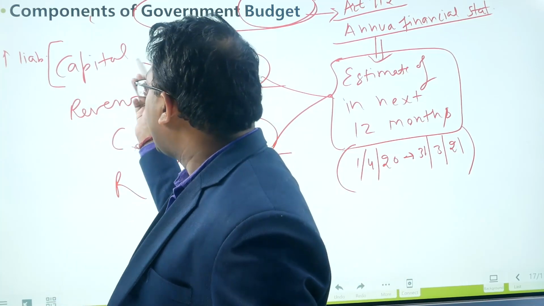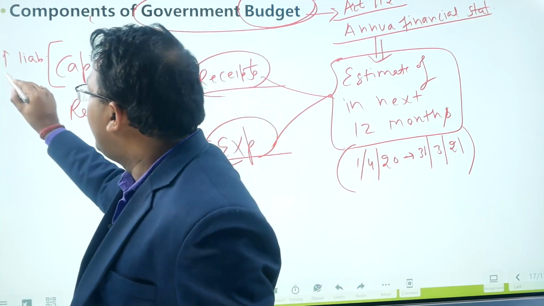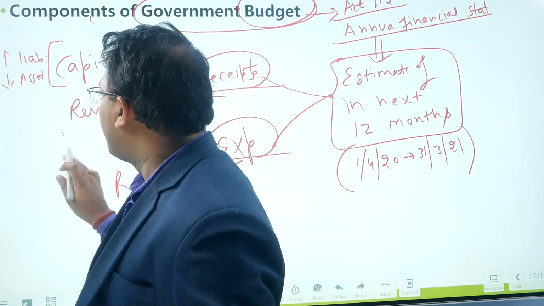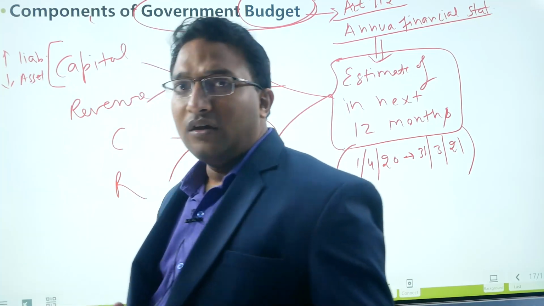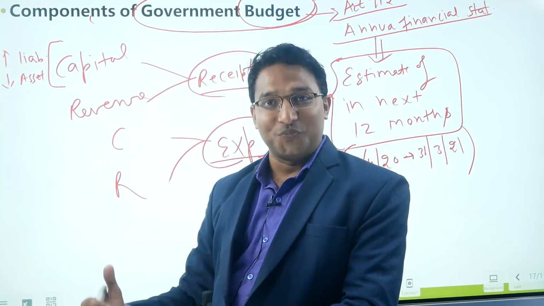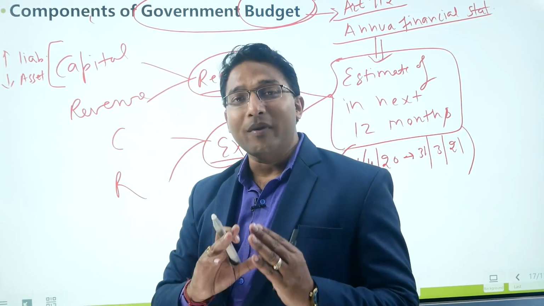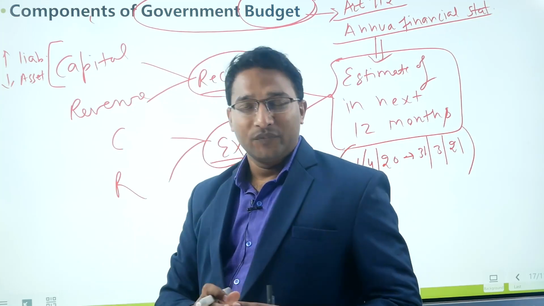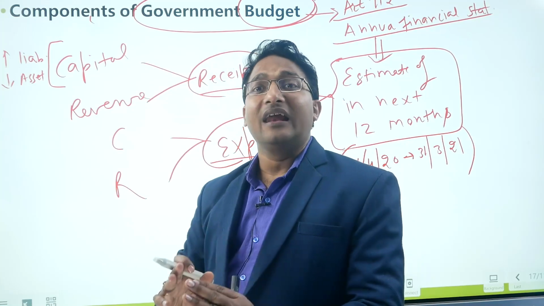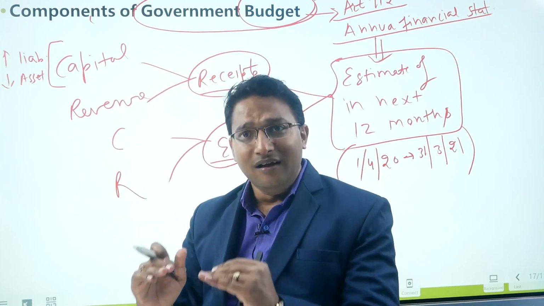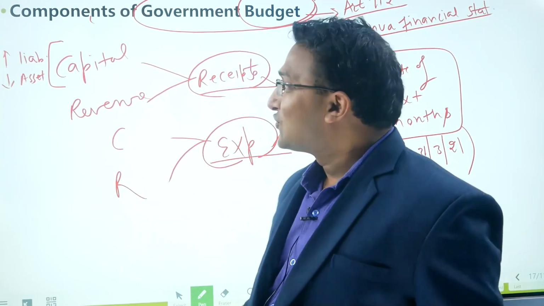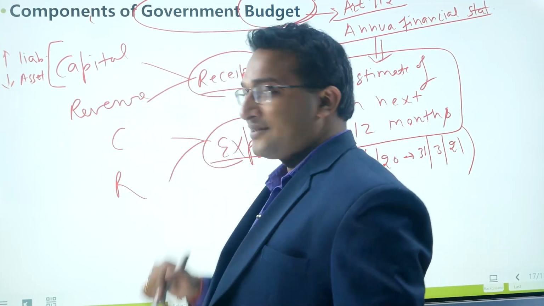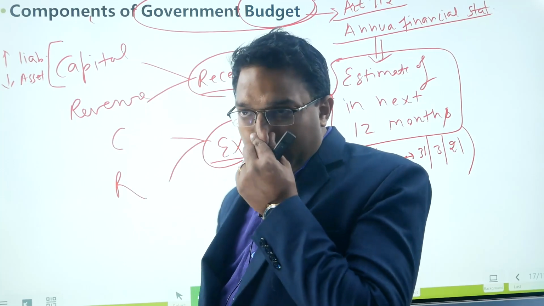Second, a capital receipt is something which reduces the assets. Can you think of an example? The best example is disinvestment. If the government sells its shares in a public sector undertaking, that sale is nothing but a reduction in government assets. So this reduction in assets is also a capital receipt, right?